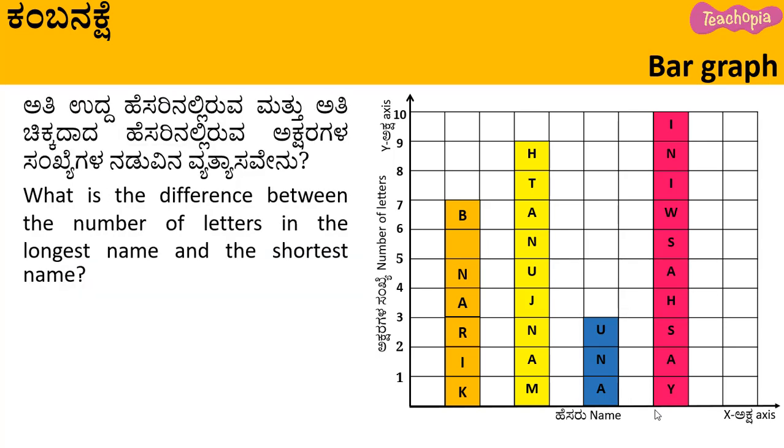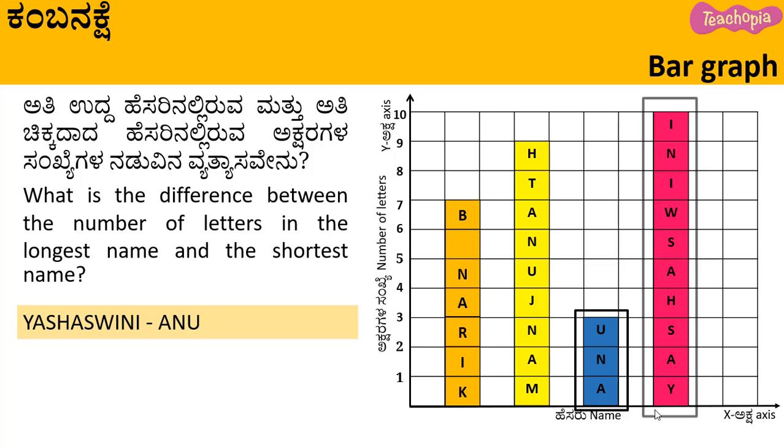The next question is, what is the difference between the number of letters in the longest name and the shortest name? As we have already seen, Yashaswini is the longest name and Anu is the shortest name. If we subtract the number of letters in Anu's name from the number of letters in Yashaswini's name, we will get the difference. So Yashaswini minus Anu, here 7 is the difference.